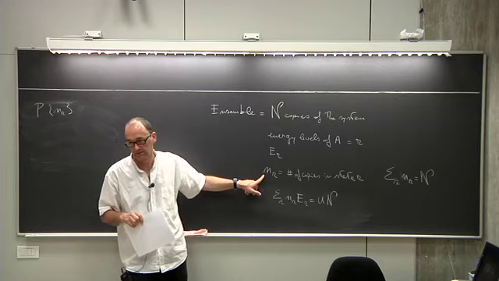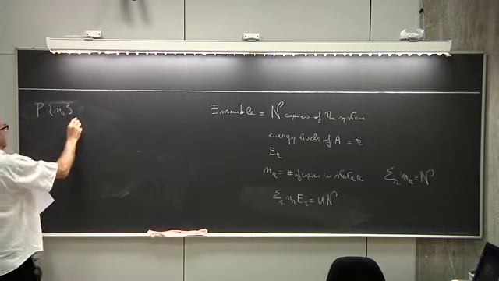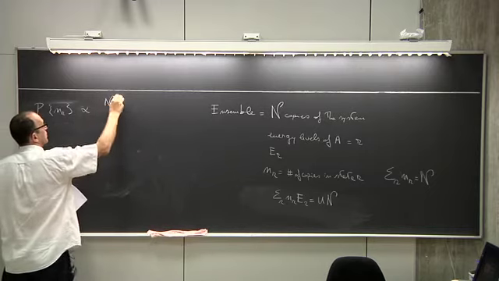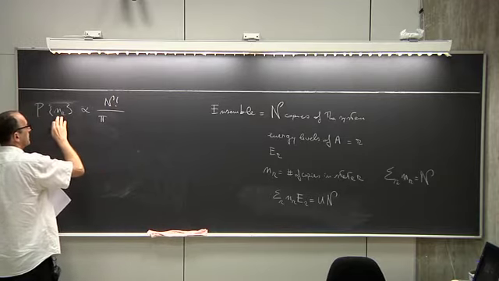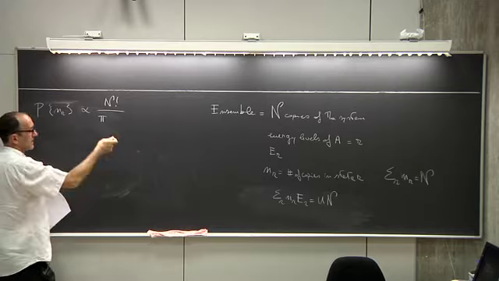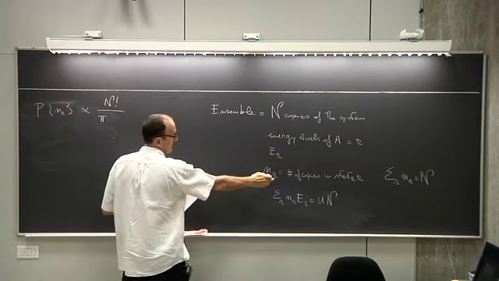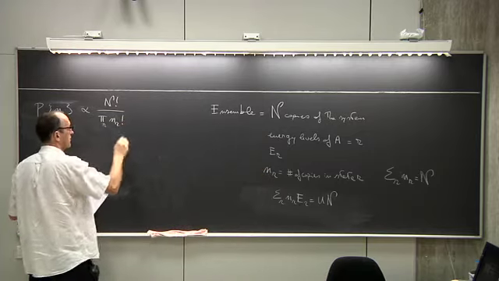And the number of ways in which I can distribute these n points into these states will essentially be given by the multinomial coefficient.